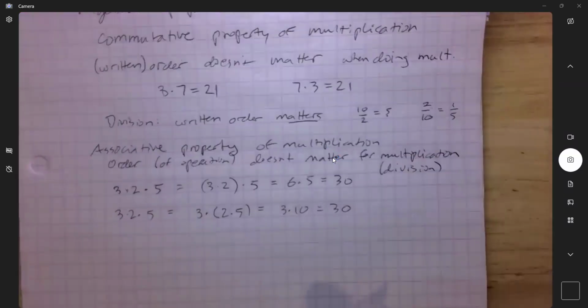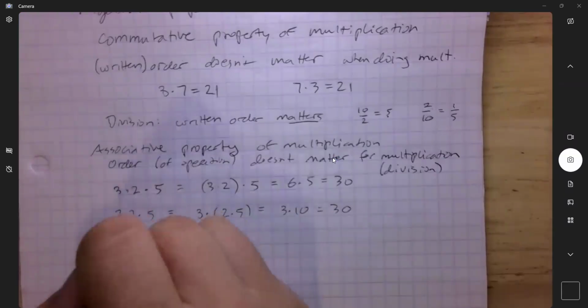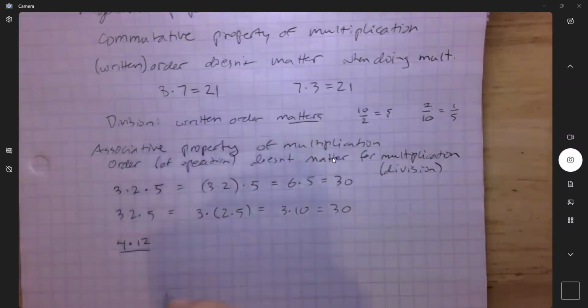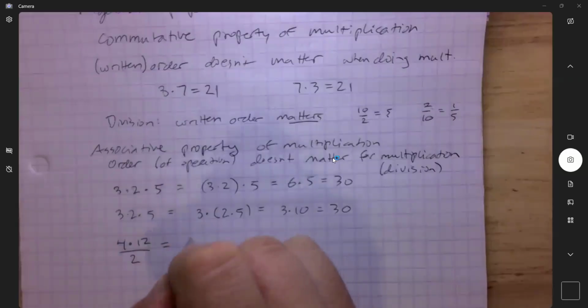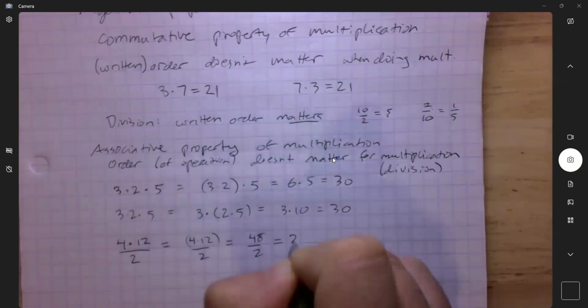That extends to division. I could do 4 times 12 over 2. So I could do the multiplication first and get 4 times 12 over 2, which is 48 over 2, which is 24.